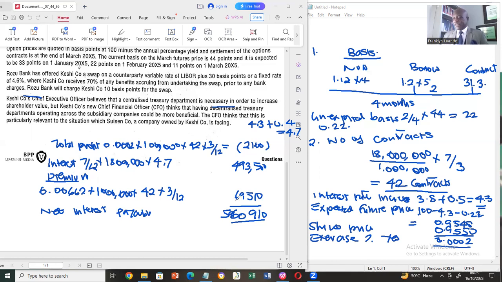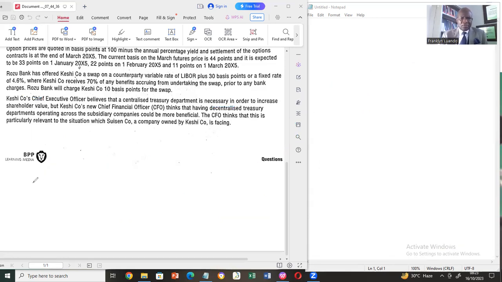Let's see when there is a decrease in interest, what happens? Decrease in interest: the current interest is 3.8 less 0.5.